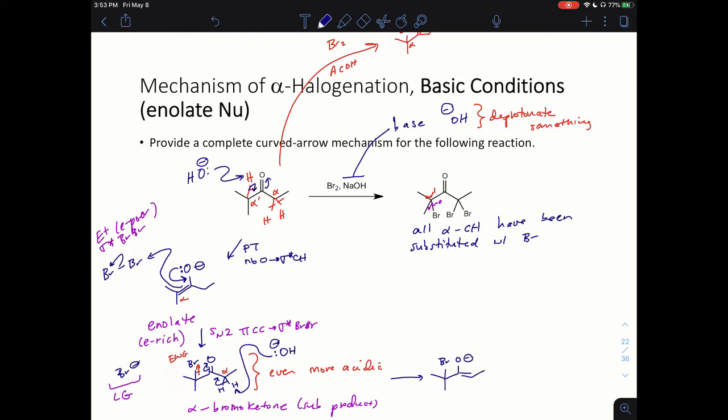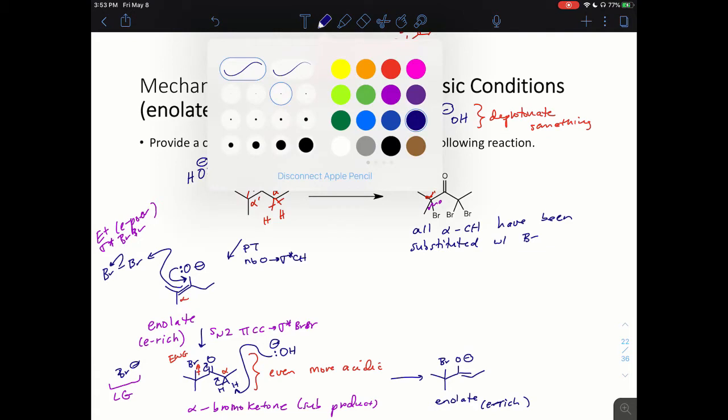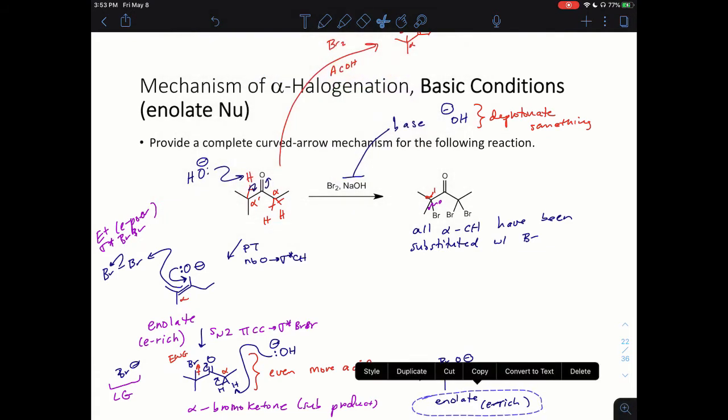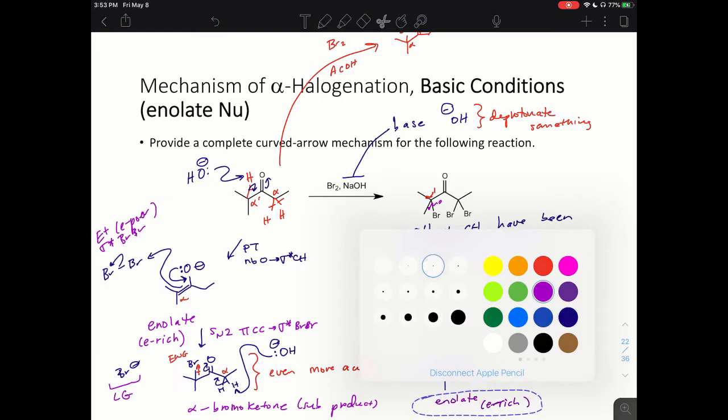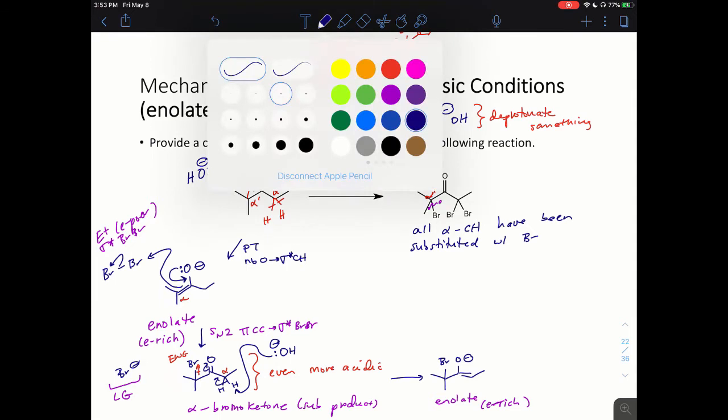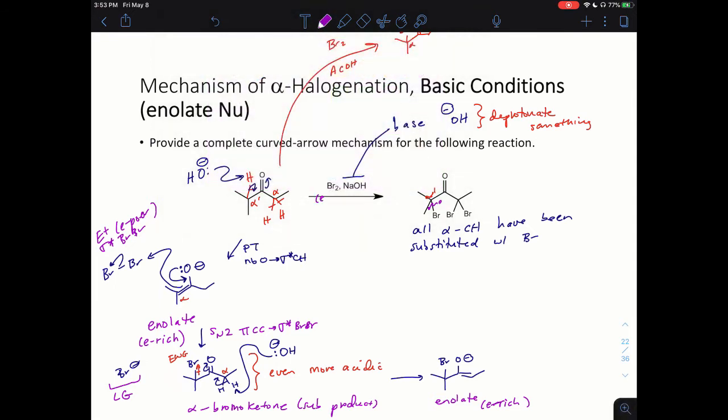Okay, so now we have another enolate, which is electron rich. What do you think that this species is going to do? Yes, it's going to react with another molecule of bromine. Bromine is the electron poor species. So there should be excess bromine here since it's going to react 3 times. That's the electron poor species.